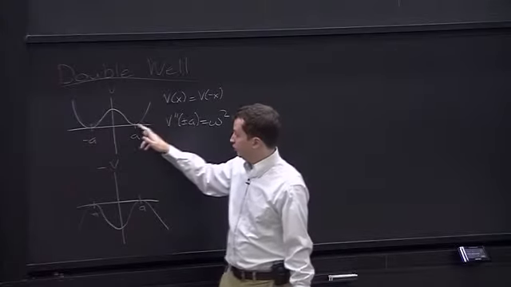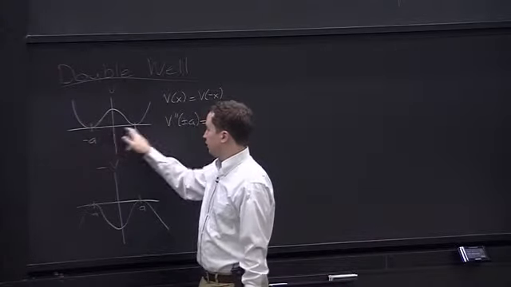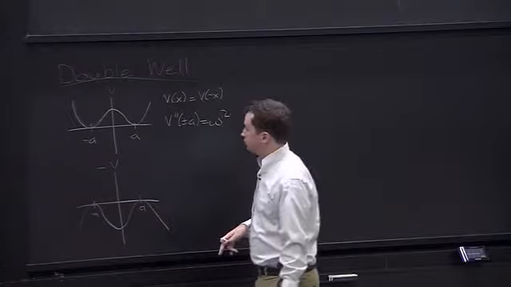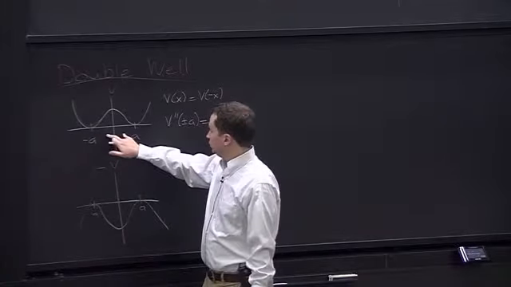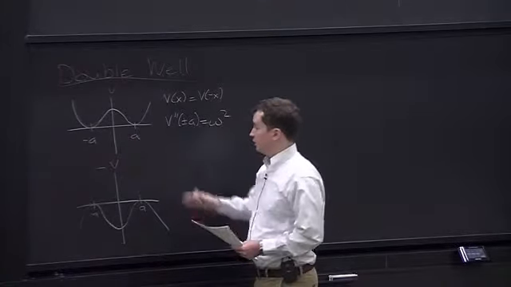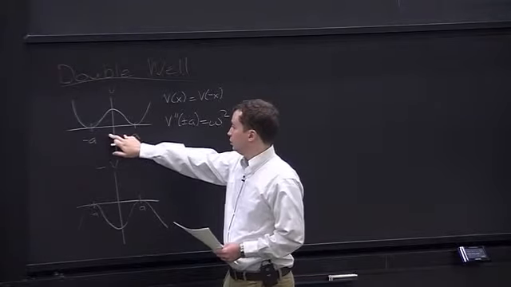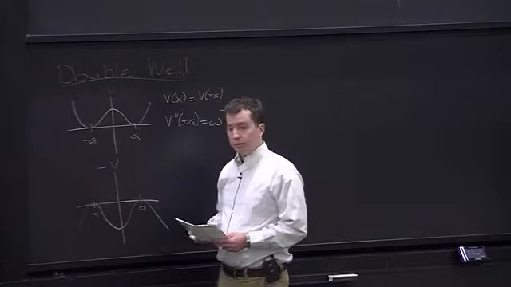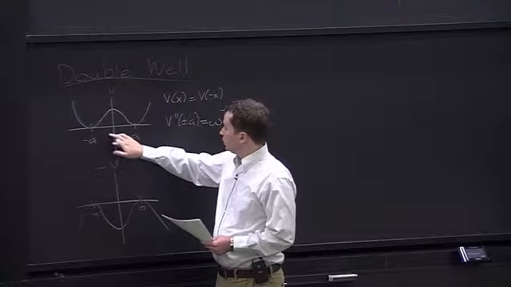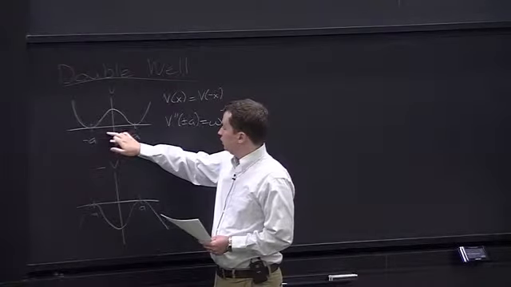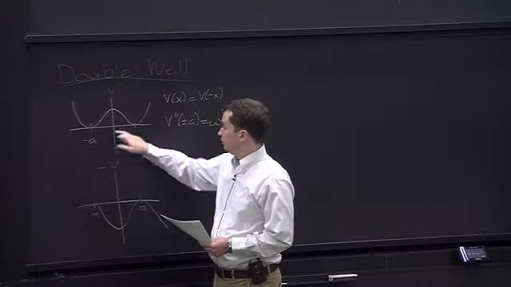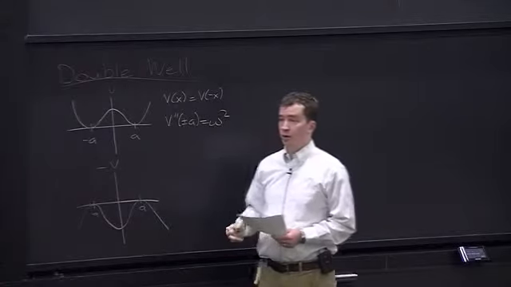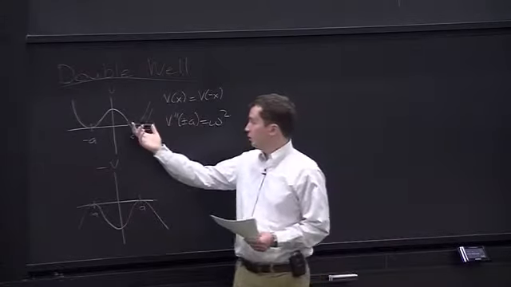And so quantum mechanically, you expect that the degeneracy between them is lifted. And so what we'll find is that the energy of the two lowest states are approximately the same as the harmonic oscillator's.